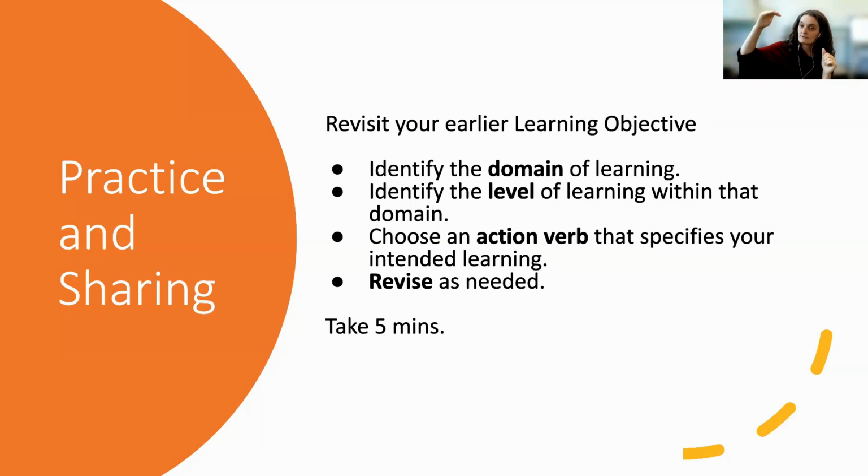Identify the level of learning in the taxonomy, and then choose an action verb, or look at the verb that you picked and see if that makes sense to you, that specifies where your learner is. Then just take a minute and revise and get that really solid in the Bloom's taxonomy. We're going to give you 5 minutes because you might have more than one to do.